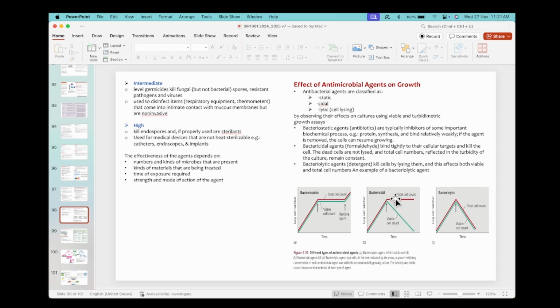Okay, what we observe here are just the non-living cells. Bacteriolytic is when the agent causes not only the death of the bacteria but also the bacteria lyse. So the total cell count also decreases. Okay, so these are the different patterns that we should observe with different types of agents.